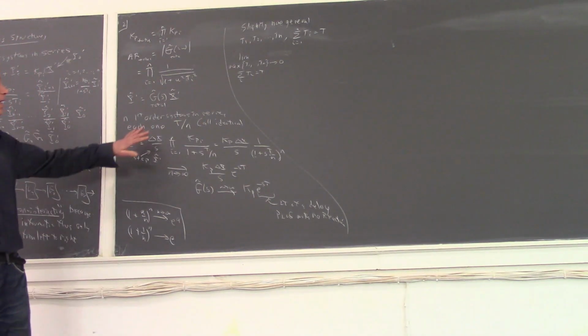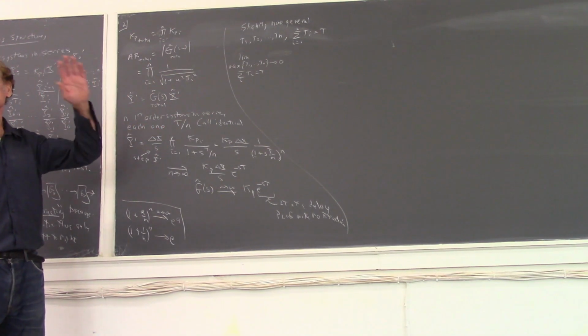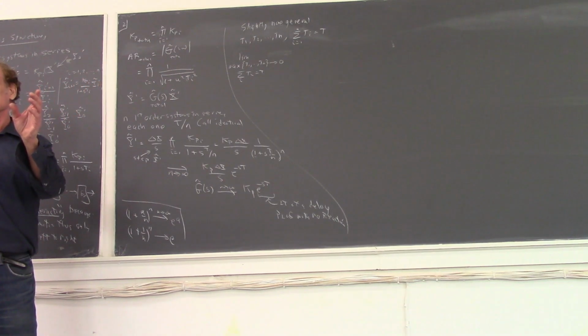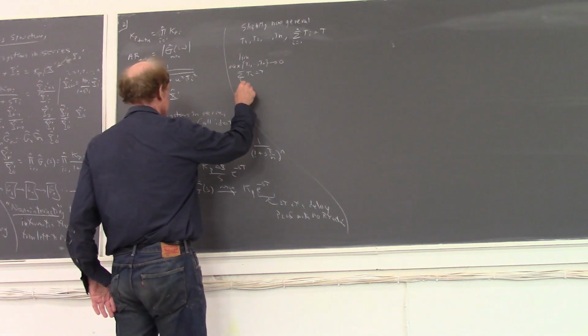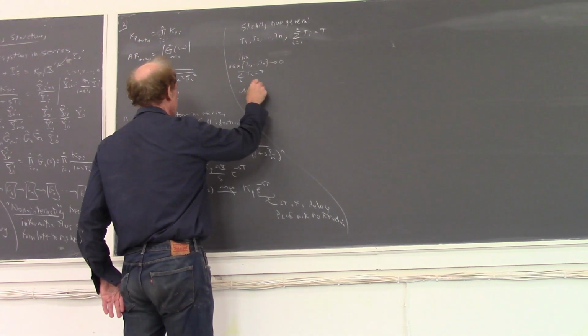So if I do that, then I'm making this slightly weaker. I don't require them all to be identical. They're getting smaller, but maybe at different rates. And I can still get the same answer, because I can look at the log of y prime tilde.